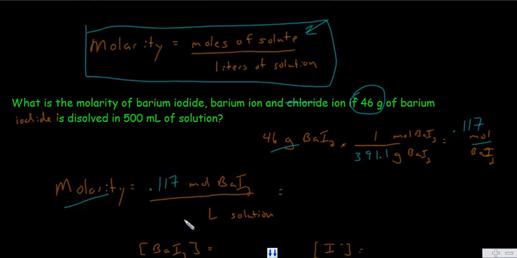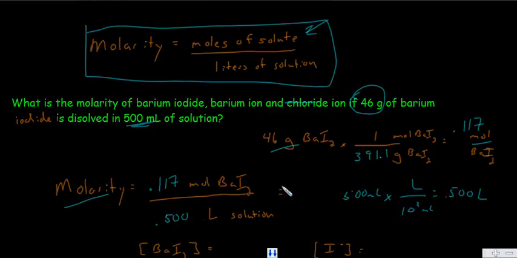And how many liters do you have? Do you have 500 liters? No, you have 500 milliliters. So how many liters is this? I guess there are 1,000 milliliters per liter, and so 500 mL divided by 1,000, and you have 0.500 liters of solution here.